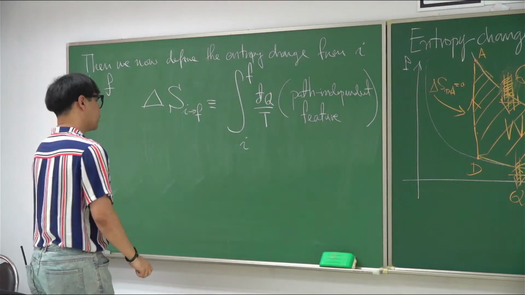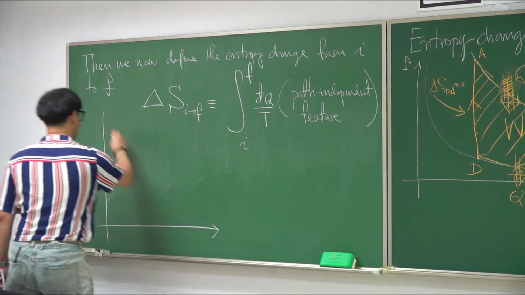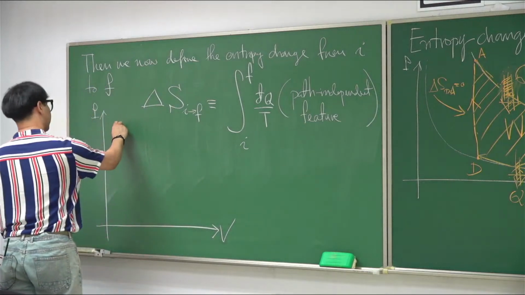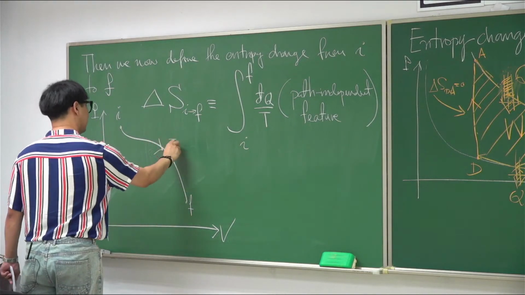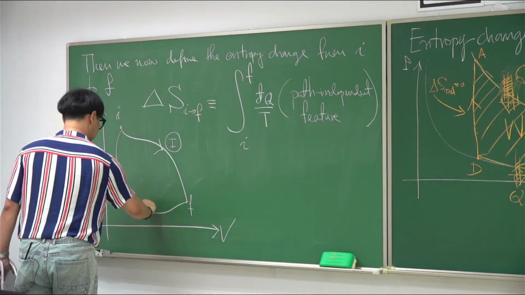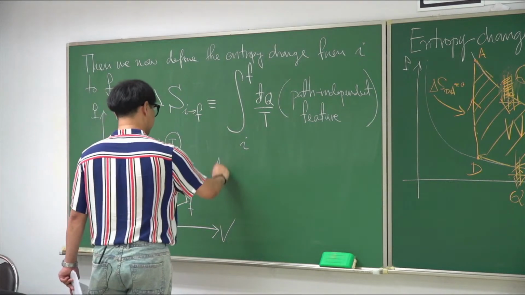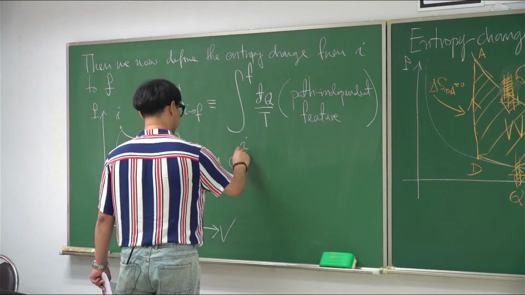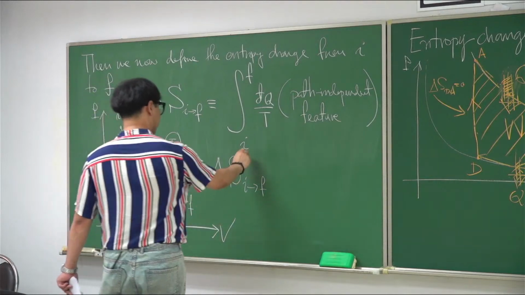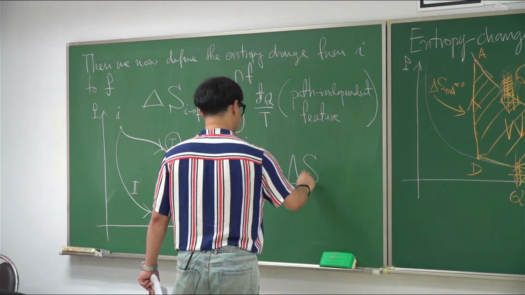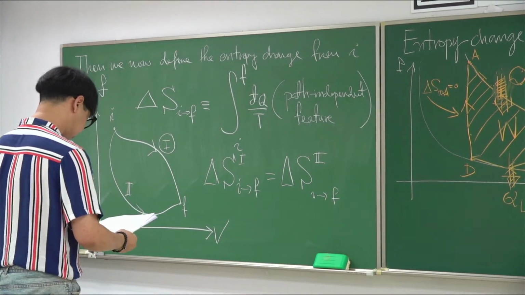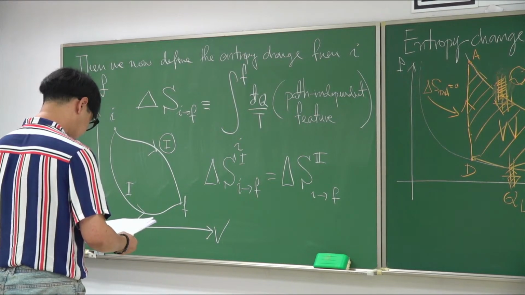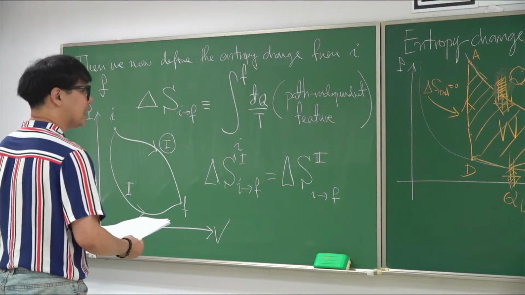So if you have the initial point and the final point here, and you go along path 1 and path 2, it means that the entropy change of path 1 is going to be the same as path 2, right? Okay.